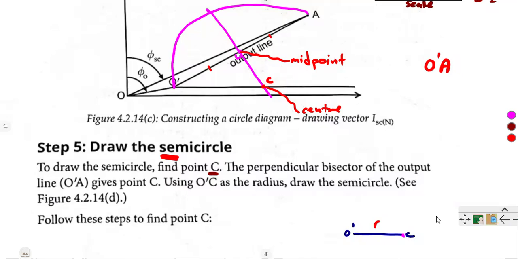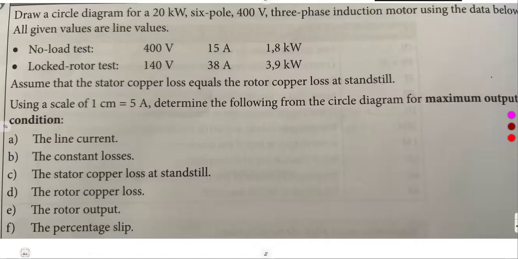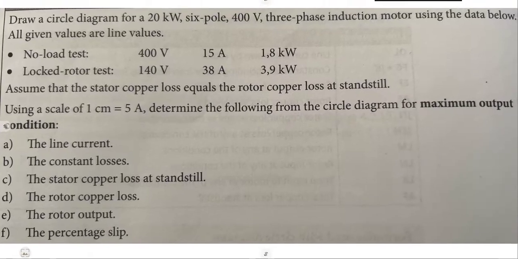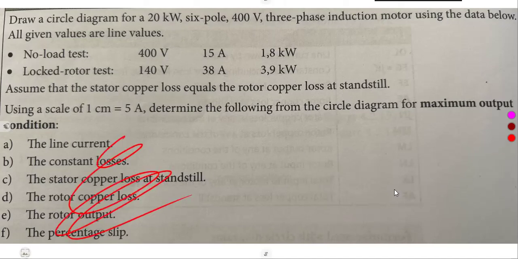So without wasting time, we want to consider a typical question that we can use to actually construct the diagram, which is our circle diagram in actual sense. So I need us to consider the steps that we are going to follow in order for us to have the diagram and also to answer the following questions that we are given.